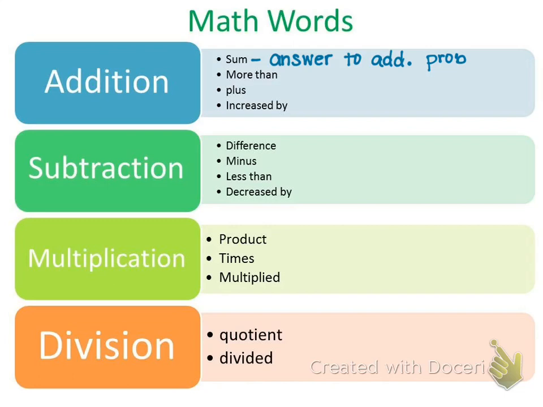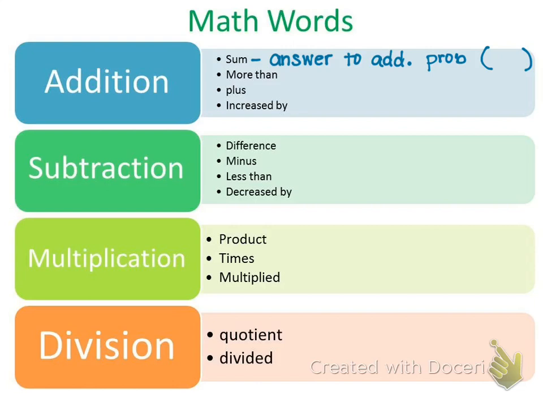Anytime at all you see the word sum, I want you to automatically write parentheses. Write that down. That is important to get. Anytime you see the word sum, I want you to automatically write parentheses.